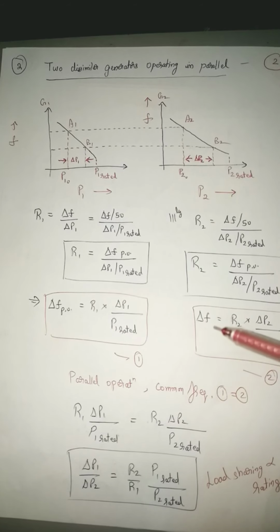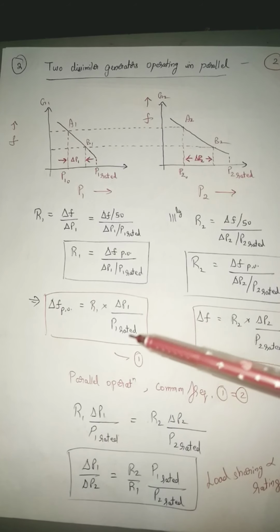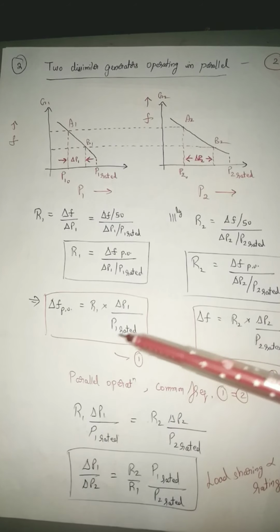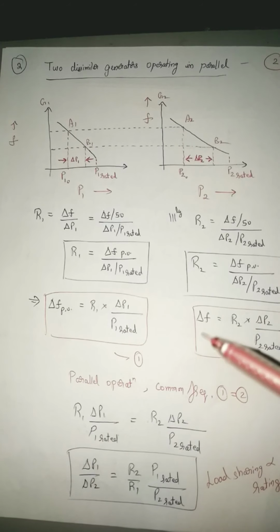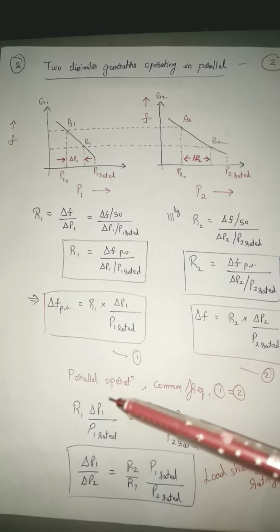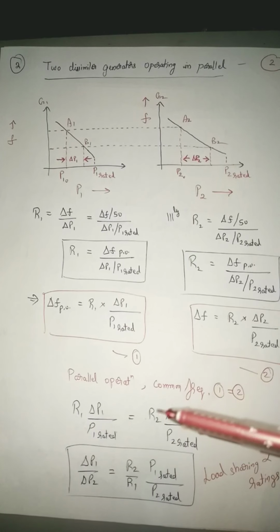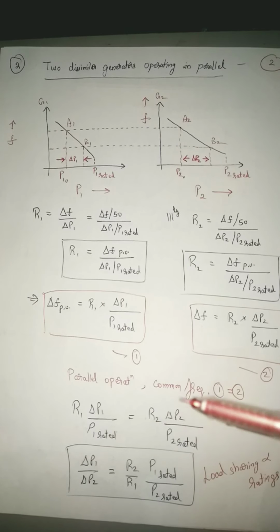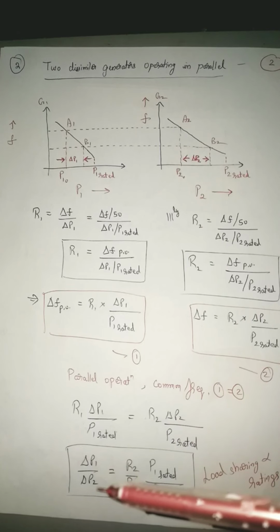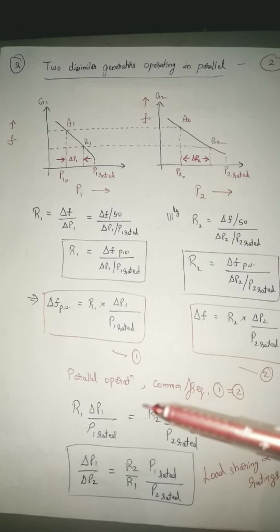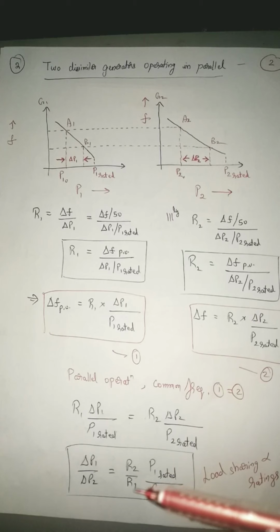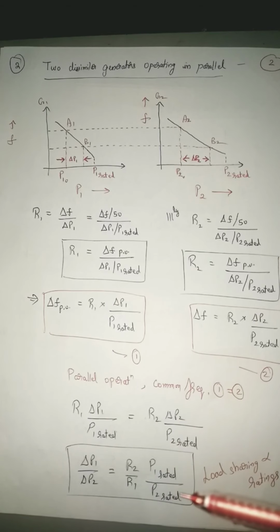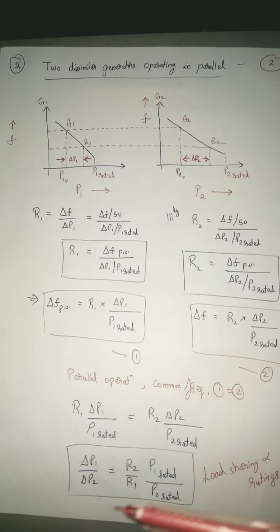Since both the machines are operating in parallel, they will be operating at common frequency. So we can straight away equate these two. So R1 into delta P1 by P1 rated is equal to R2 into delta P2 by P2 rated. Now I'm trying to take the ratio of delta P1 by delta P2, rearrange this expression, you get R2 by R1 into P1 rated by P2 rated. So this is the final expression.